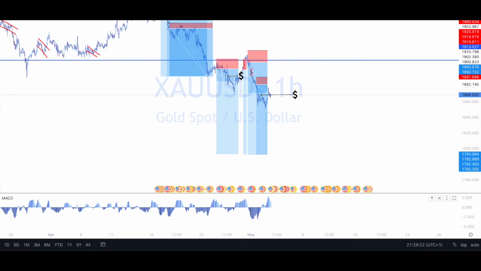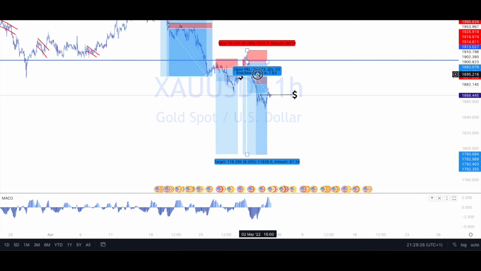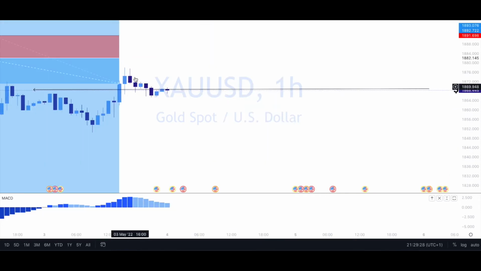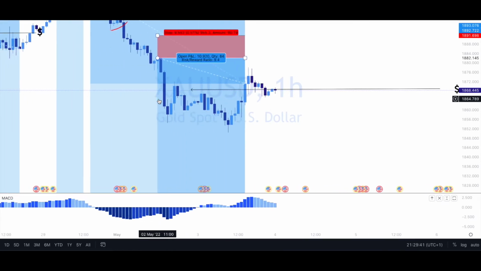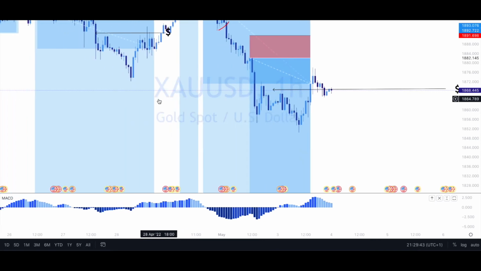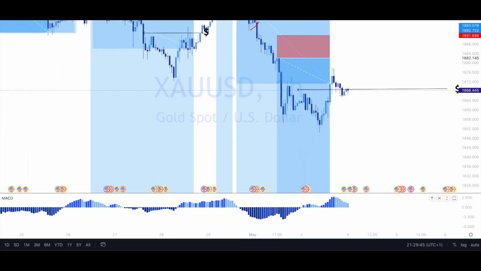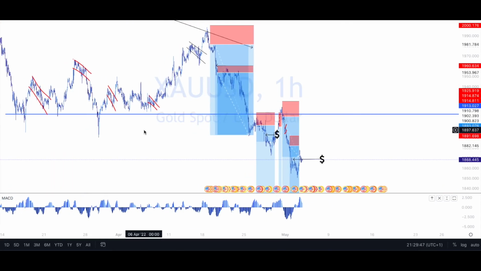Okay, so it's going down, but this little structure that we've got going on over here lets me know that price is going to be pushing up. So I could put in a buy at this level, but it wouldn't make much sense since the overall structure is heading downwards. And if we go into the daily, you would have seen that something would have happened. I actually marked it in.